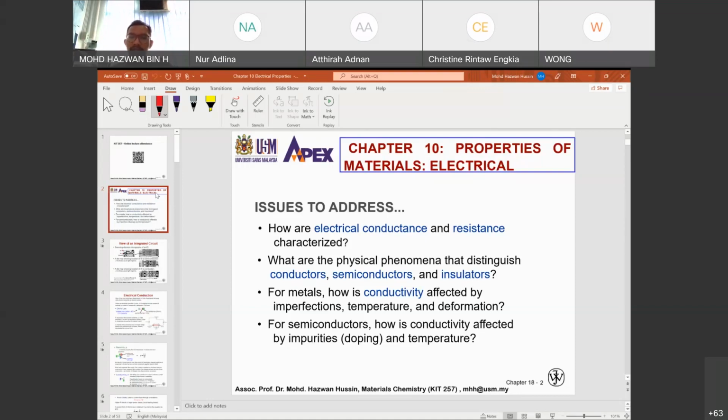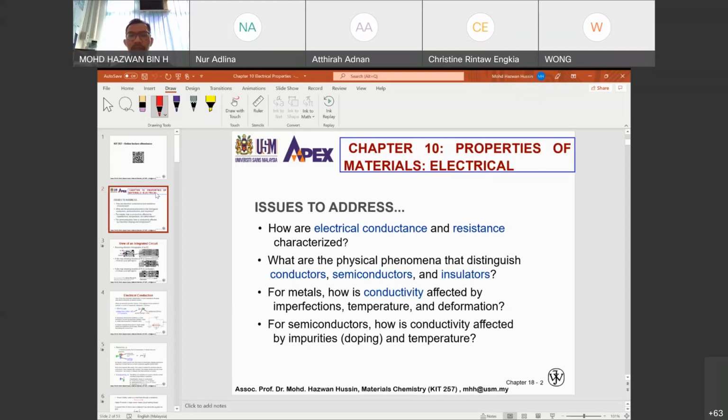A semiconductor means that the material has slight electrical properties. It can conduct electricity, but with a very minimum amount of electrical value. And insulators, of course, we know that this material doesn't conduct electricity as compared to conductors and also semiconductors.